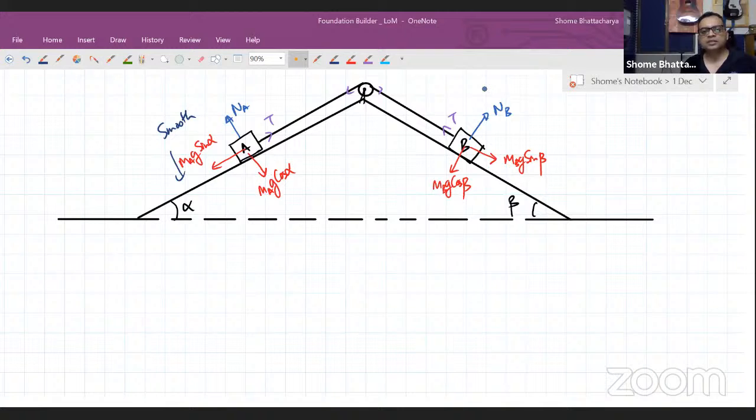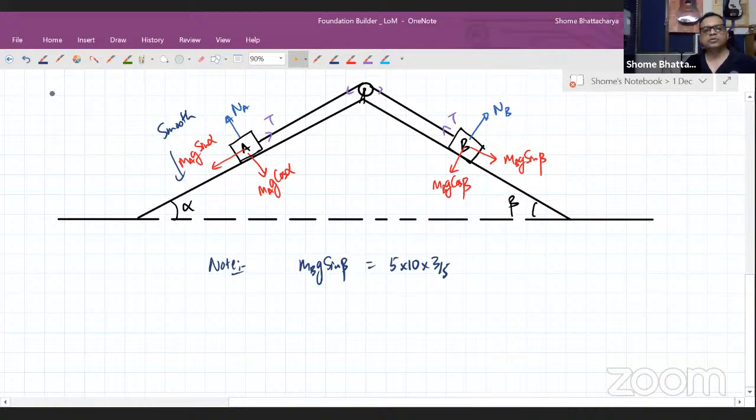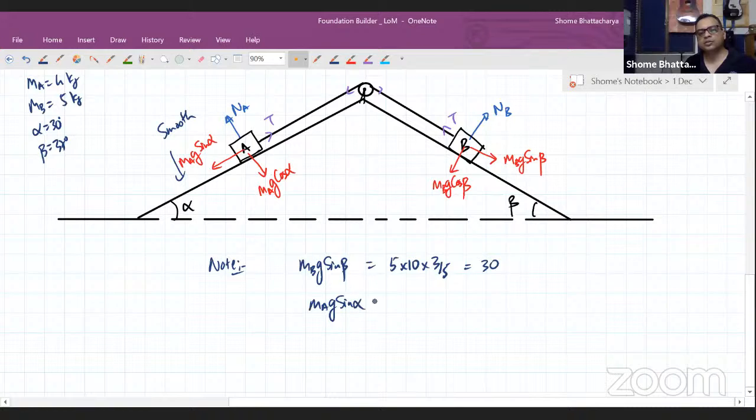So the direction of acceleration will depend on which one dominates. So you can see over here that this value is 5 into 10 into 3 by 5, because of the values given to us. So this is 30. Whereas on the other hand, on this side, the force that is trying to pull the system down is 20. So this one dominates.